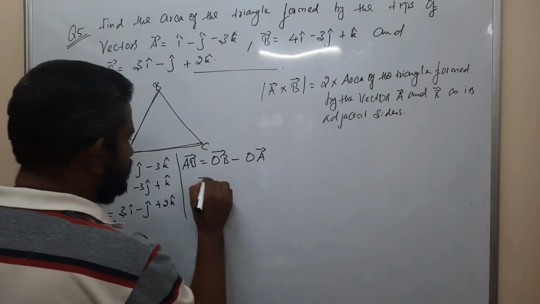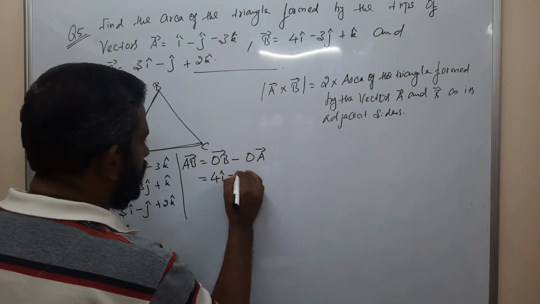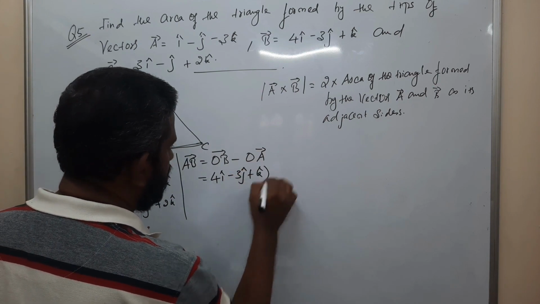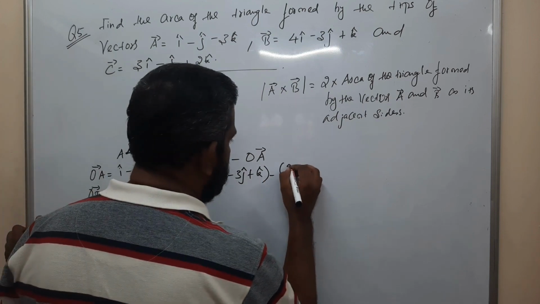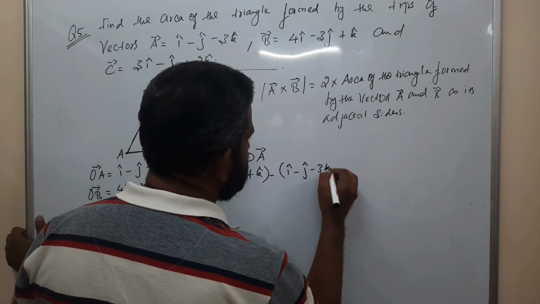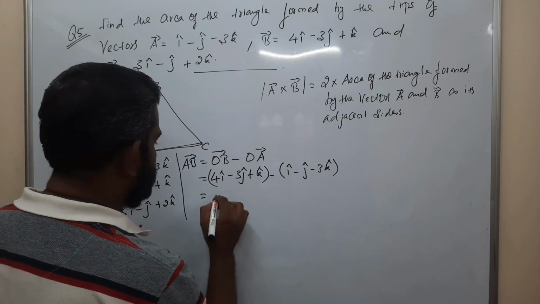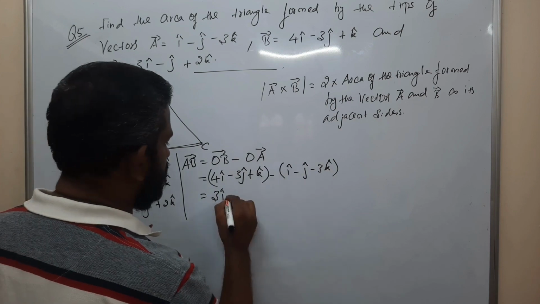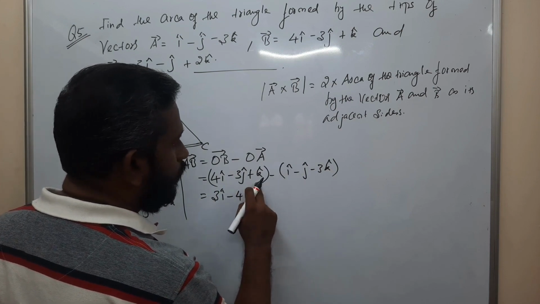So that's equal to the OB vector, that is 4i cap minus 3j cap plus k cap, minus the OA vector, that is i cap minus j cap minus 3k cap.